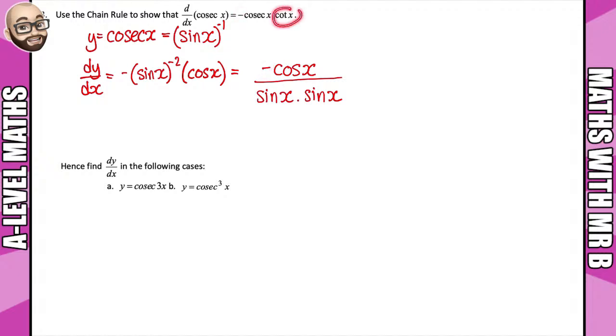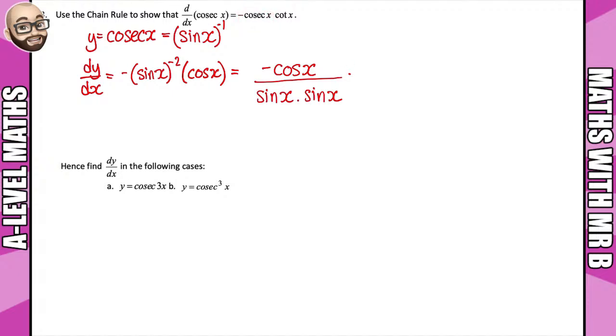There's a cot x in what I need, and I know cot x is the reciprocal of tan. Tan is sine over cos, so cot is cos over sine. So that means I've used this negative, this cos, and this sine, and I'm left with 1 sine as a denominator, and 1 over sine is cosec.